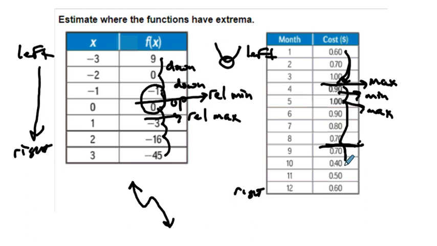And then it continues to go down. Once we hit 40 right in here, it goes up again, which means we have a relative minimum in there, and then it starts going up again. So this is what we're looking at.